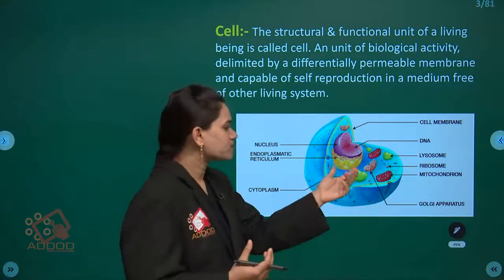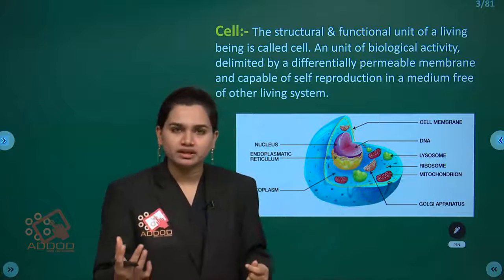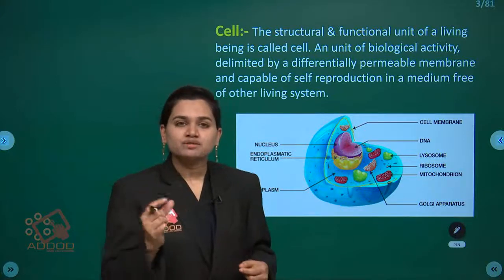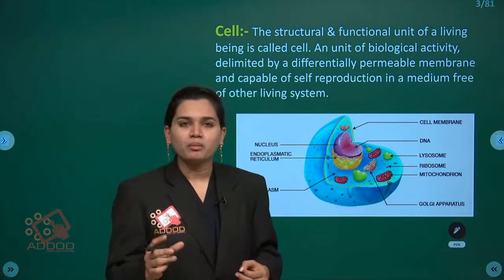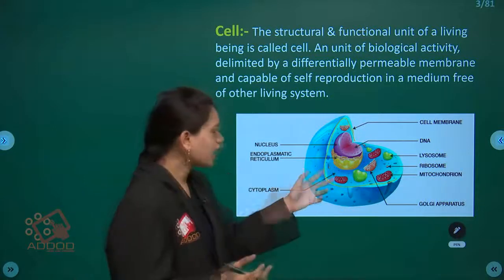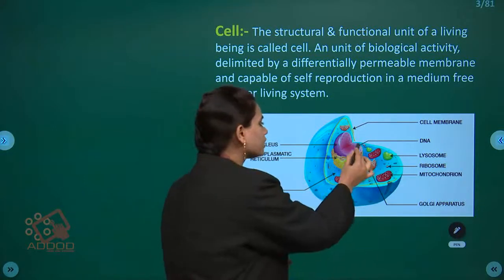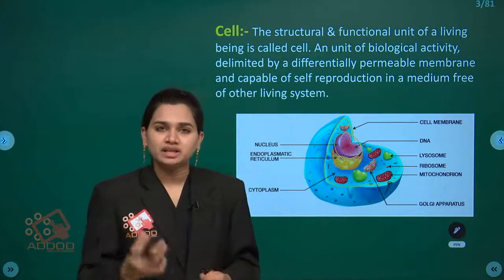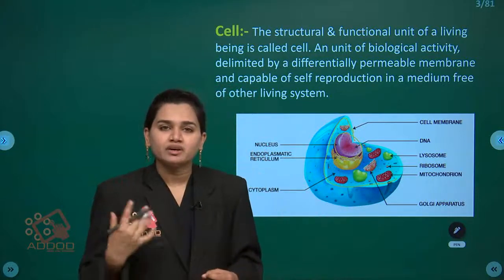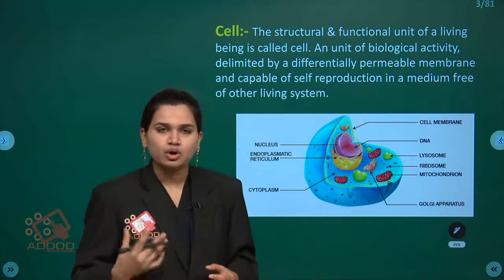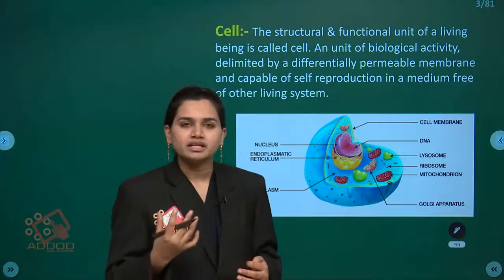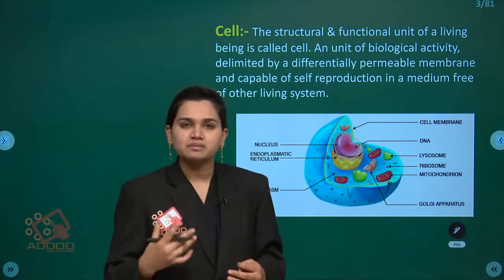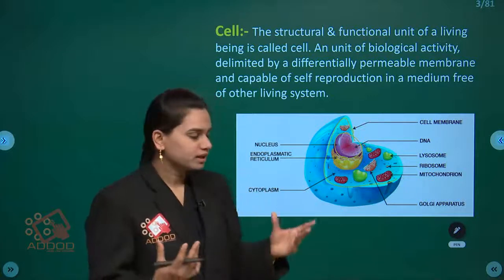Inside the protoplasm there are various cell organelles present. Each of these cell organelles performs a specific function, and the most important cell organelle out of them is the nucleus, which consists of the DNA responsible for maintaining the characteristics of humans. Also it is responsible for controlling the metabolic reactions.